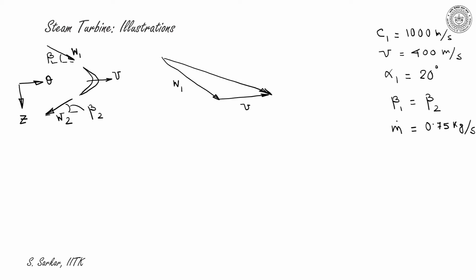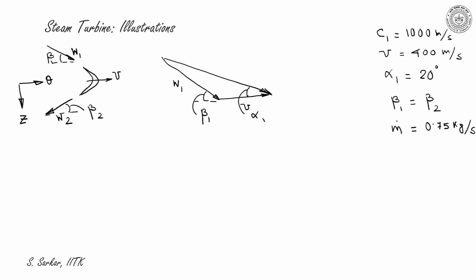So here I have indicated all the angles with respect to tangential direction. So this is beta 1 and this is alpha 1.